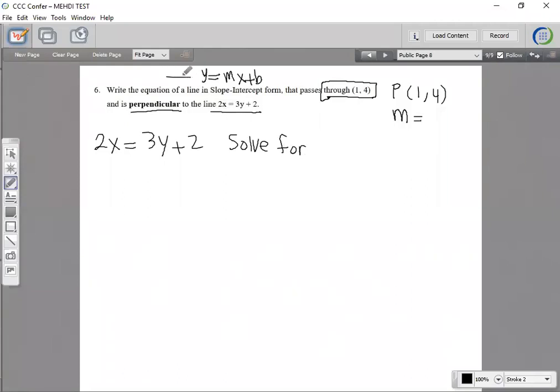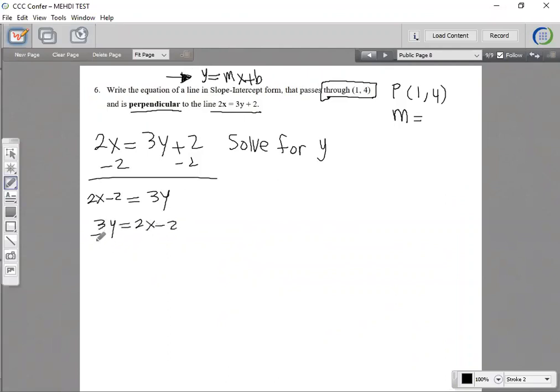You want to solve for y. Very good. Solve for y. If I get it to this point here, then I can know the slope. So all I have to do is just isolate y. If I subtract 2 from both sides of the equation, I get 3y is equal to 2x minus 2.